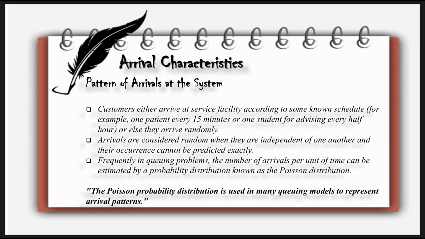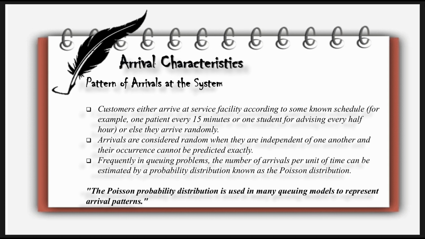Arrivals are considered random, of course, when they are independent of one another and their occurrence cannot be predicted exactly. Frequently, sa ating queuing problems, the number of arrivals per unit of time can be estimated by a probability distribution. This is known as the Poisson distribution.